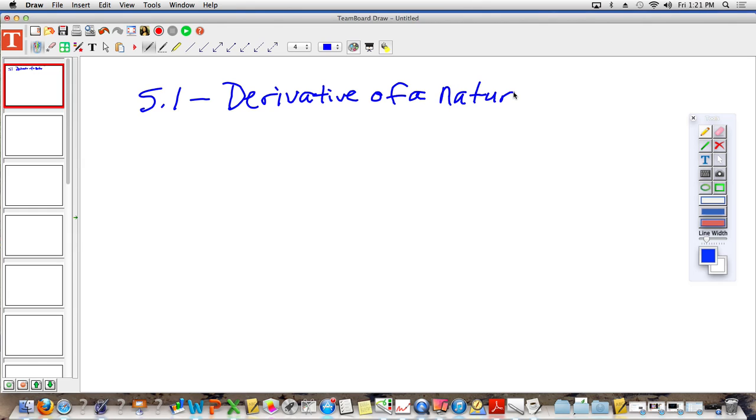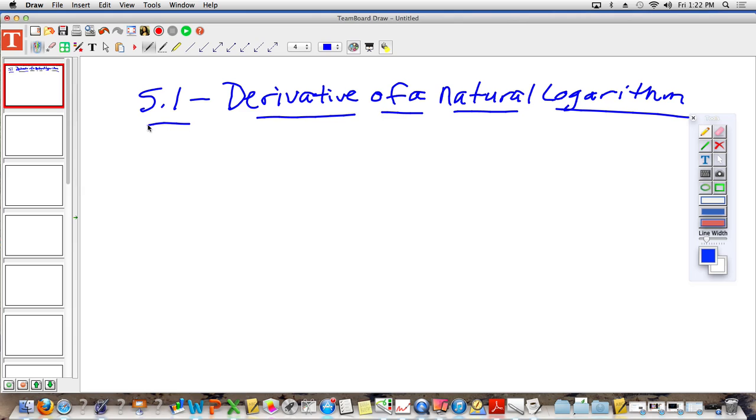The derivative of a natural logarithm. So let's just say that y is equal to the ln of u, and not necessarily u in terms of the chain rule u, but sometimes you may have to use it in terms of the chain rule.